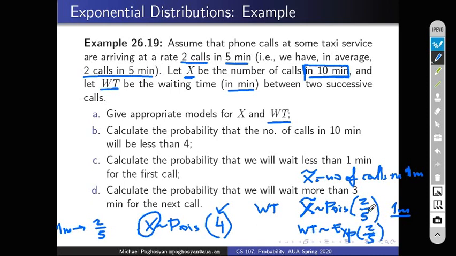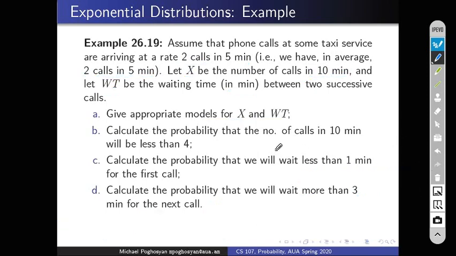The time unit is the same for both of them. So this is the number of calls in 1 minute, and this is the waiting time in minutes. Okay, so we have created our models, Poisson 4 and exponential 2/5.